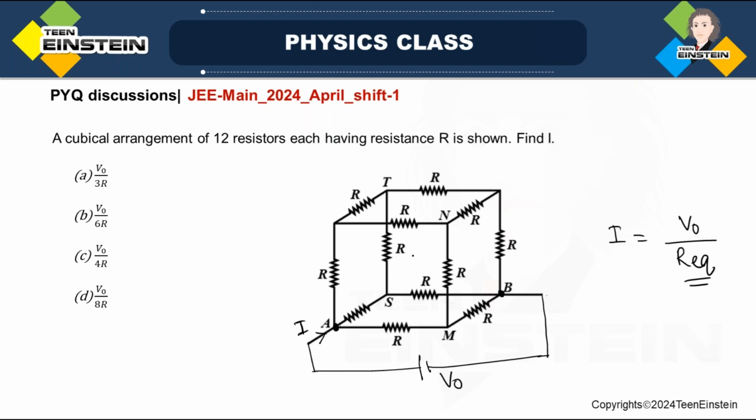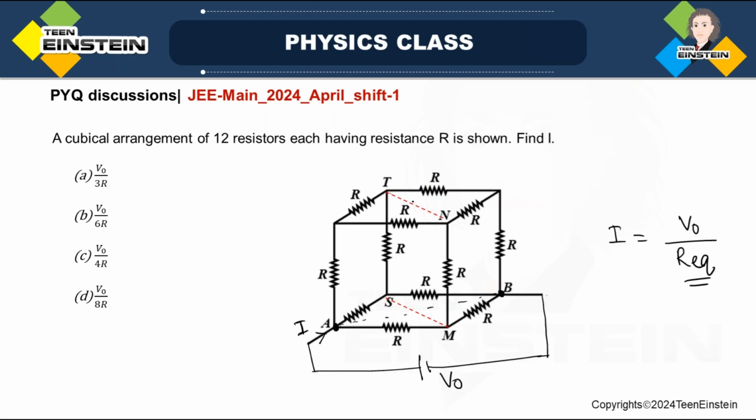Look, there is a mirror symmetry over here. Mirror symmetry is always taken perpendicular to the line between the points between which you have to find out the equivalent resistance. I can show you here that there is a plane, this plane TNMST, and this plane is actually perpendicular to the line joining AB. I hope you understand this.